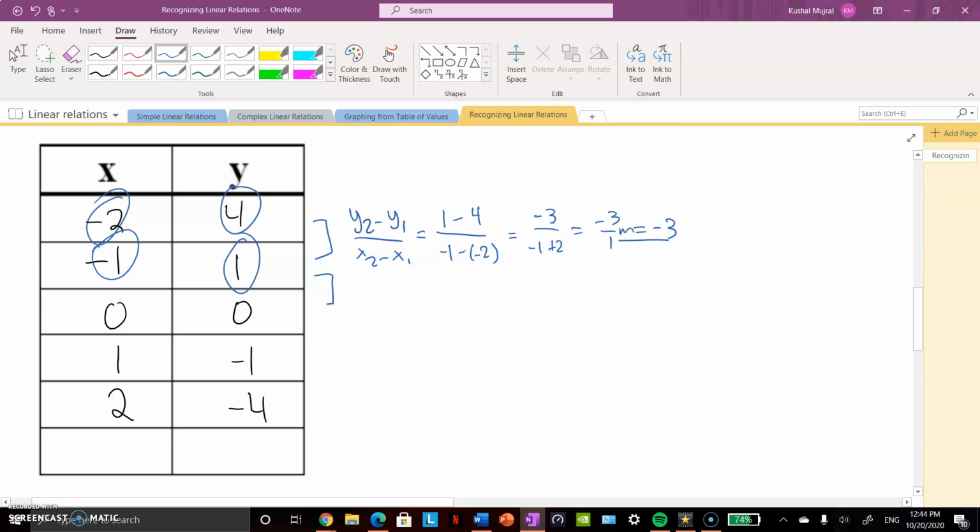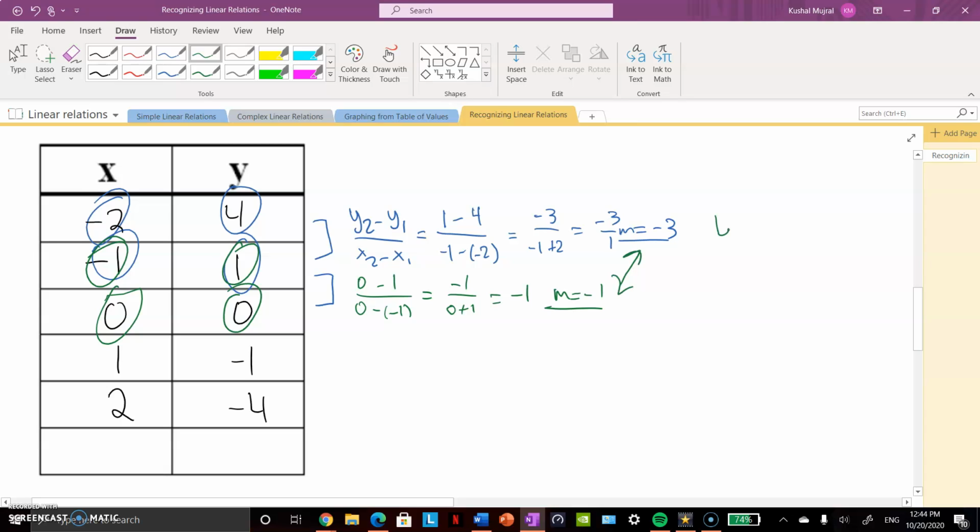Let's look at this one. Y2 here is 0, minus y1 which is 1, over x2 which is 0, minus x1 which is negative 1. So this is negative 1 over 0 plus 1, which is negative 1. So m equals negative 1 here. We can already tell that these slopes are not equal.